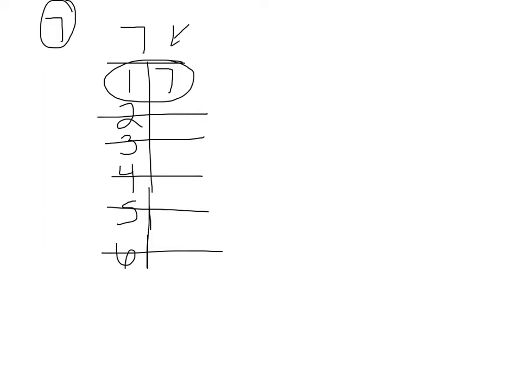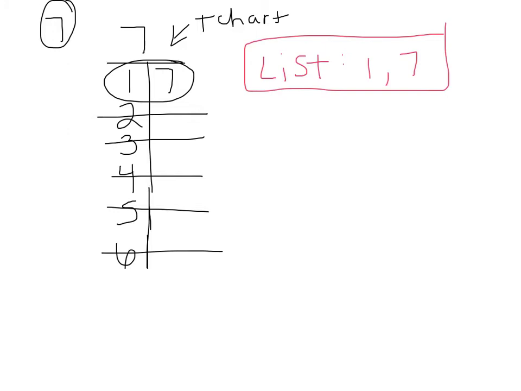So this is how you write it as a T-chart. If it asks you to list out all the factors, you're going to list out what those factors are. Here, all I have is 1 and 7. This is how you write it as a list.